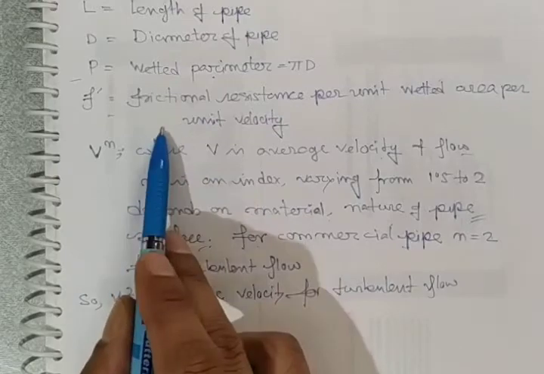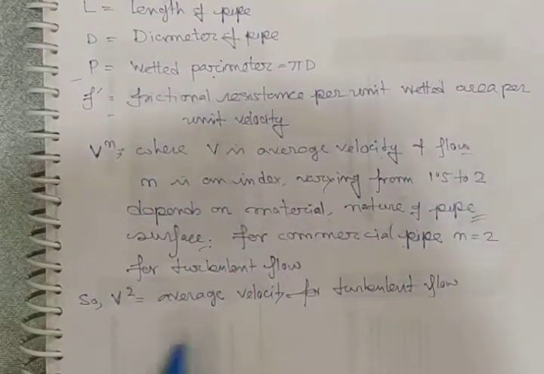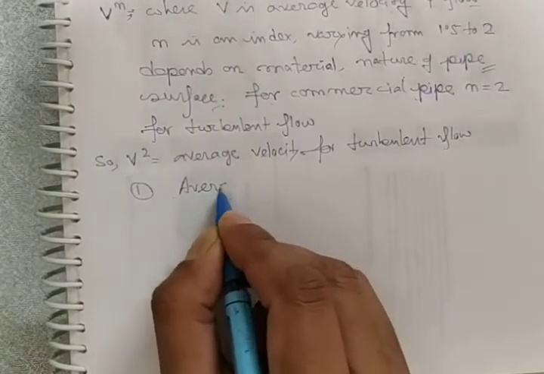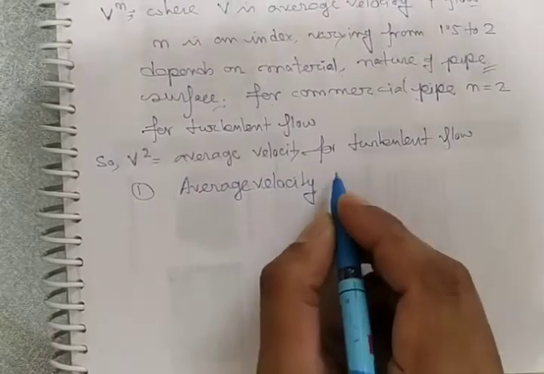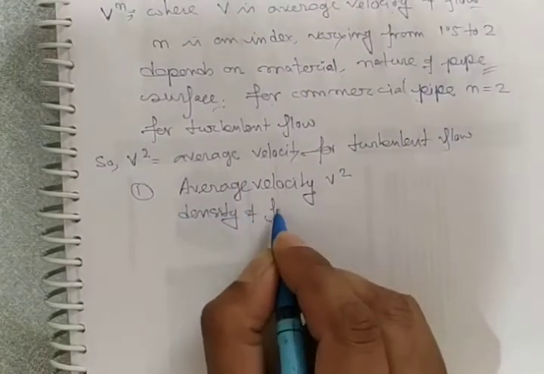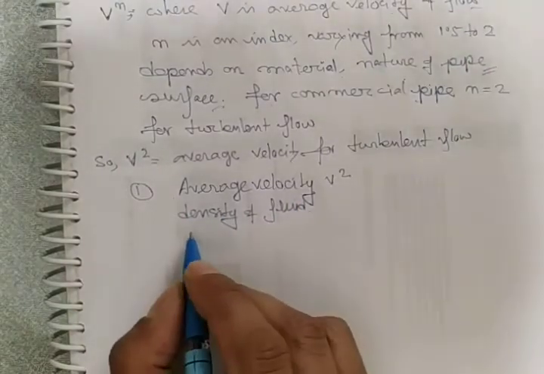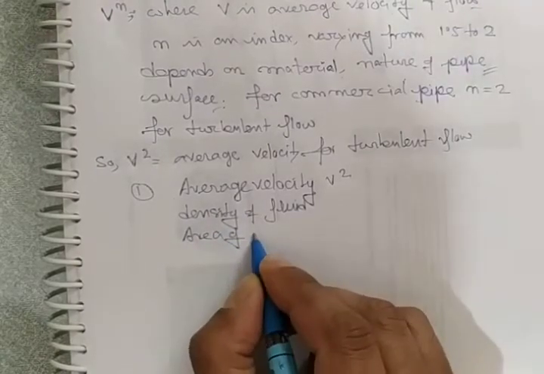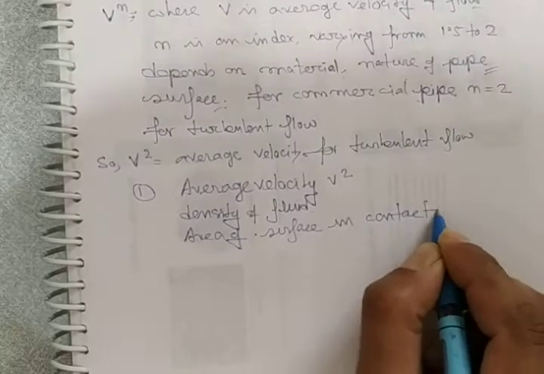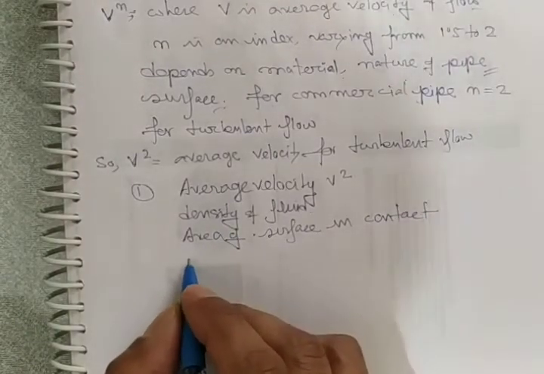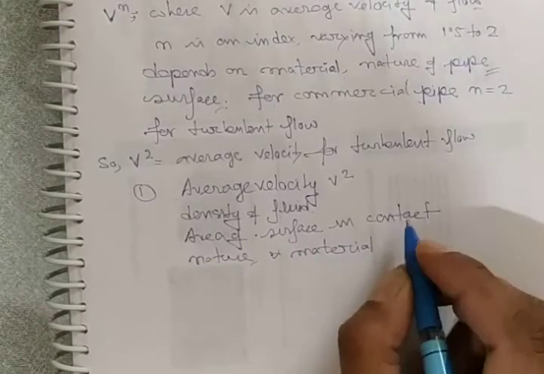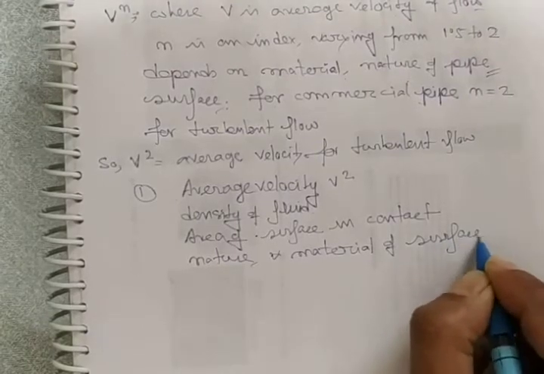This frictional resistance depends upon, number one, the average velocity, which is equal to V square, then the density of the fluid, then the area of the surface in contact, then the nature and material of the surface in contact.